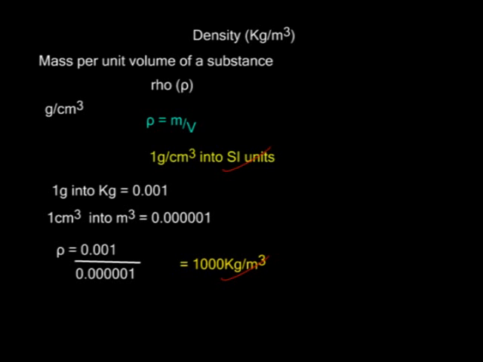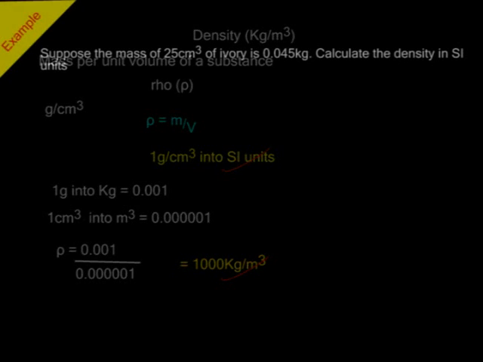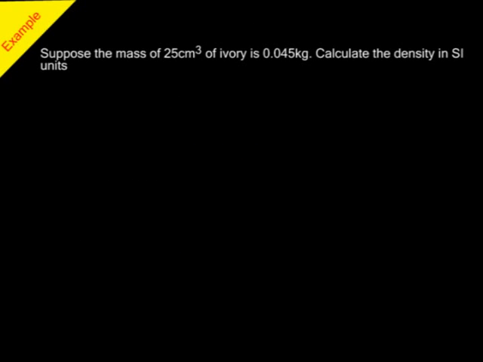Let's take an example. Suppose 25 centimeters cubed of ivory is found to be 0.045 kilograms. Calculate the density of the ivory in SI units. Solution. For me, I would prefer to first convert the kilograms into grams.